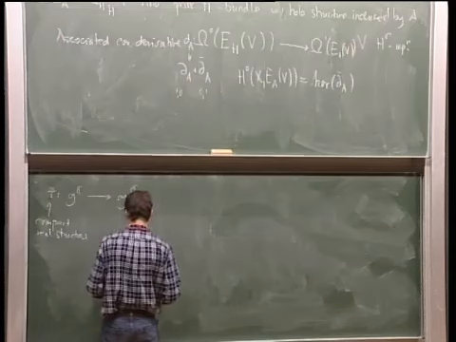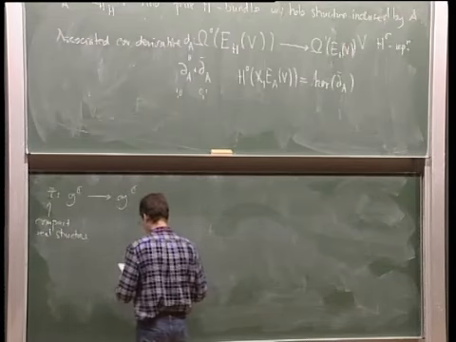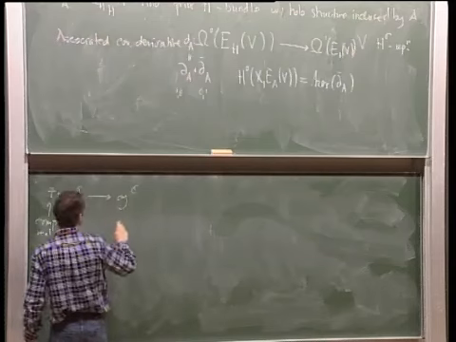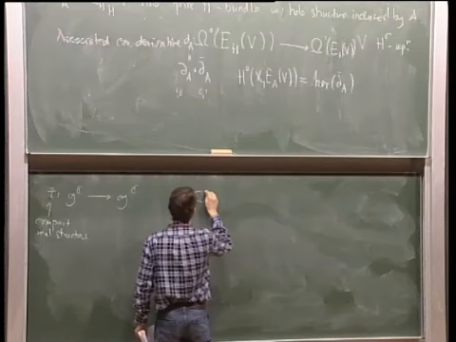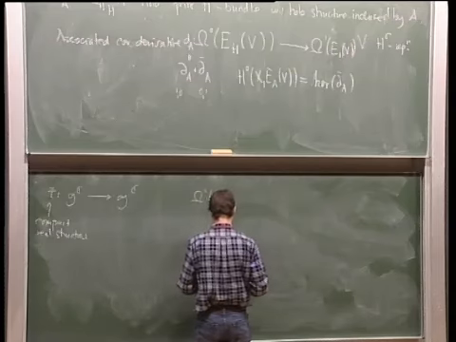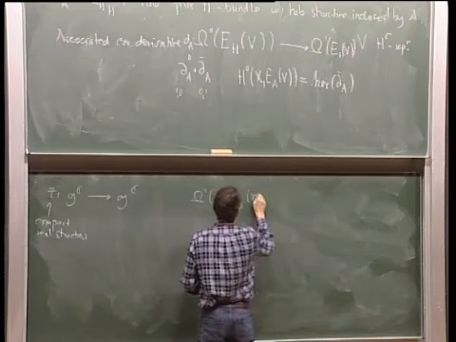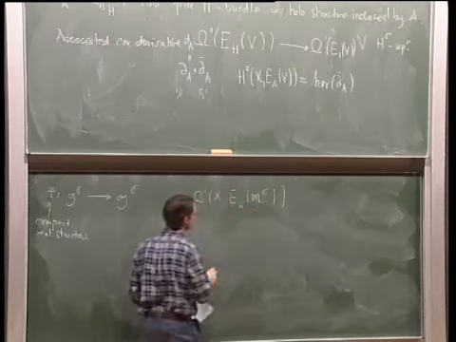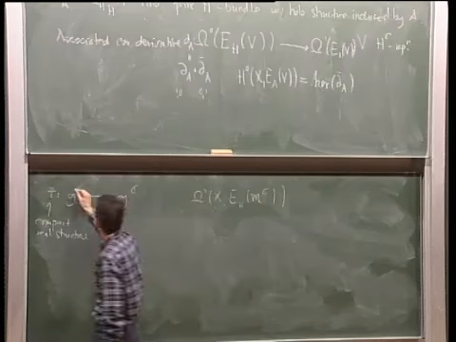Okay, and now let me use that to define an operation on one forms on X with values in E_H and C. So I'll take here this g^C.